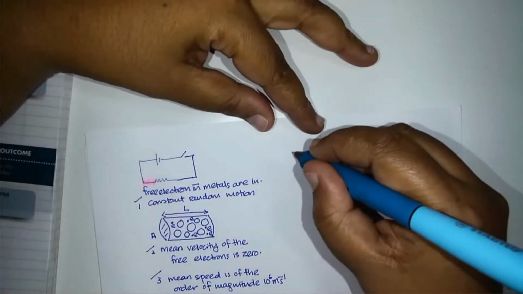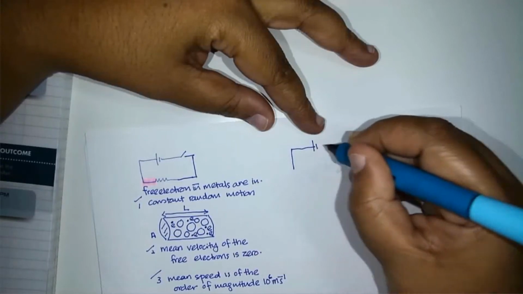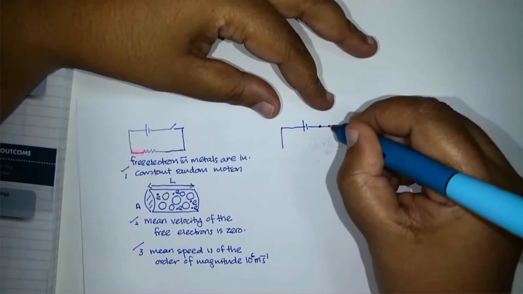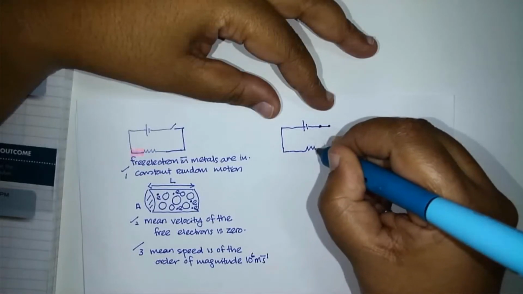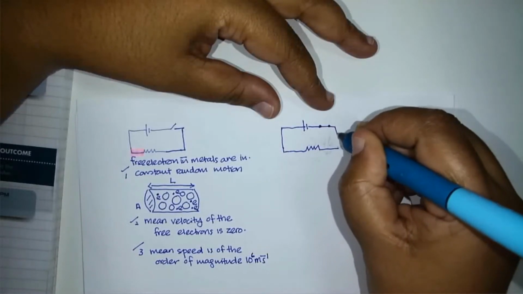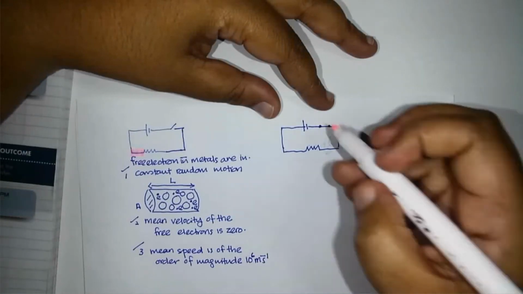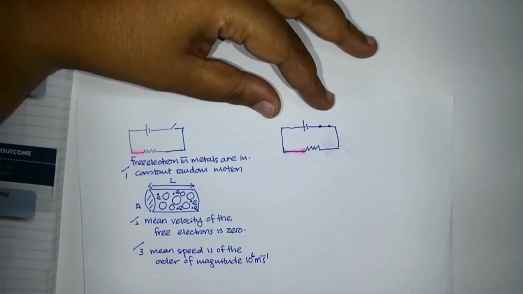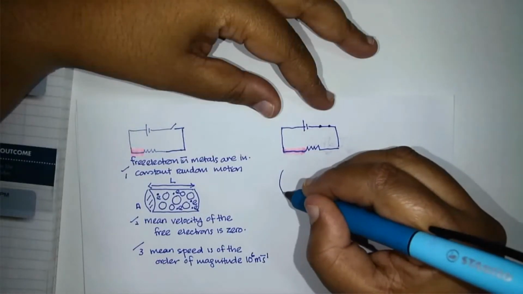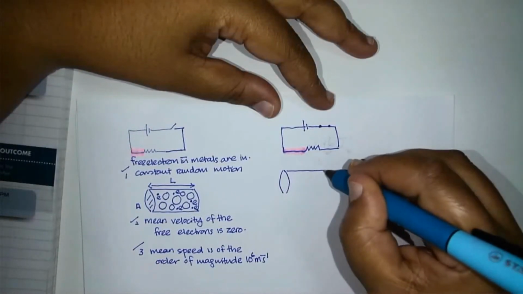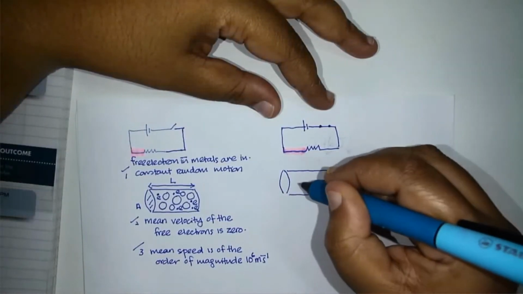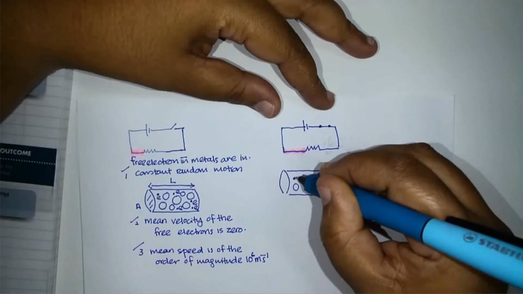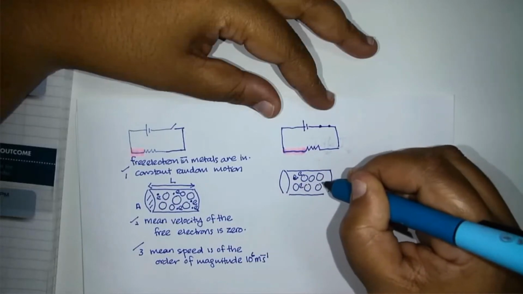Now what happens next is, when the switch is closed, this is the cell, the switch is closed, and there's a resistance. I take this part of this conductor. So we have all these atoms or positive ions, and then we have free electrons.